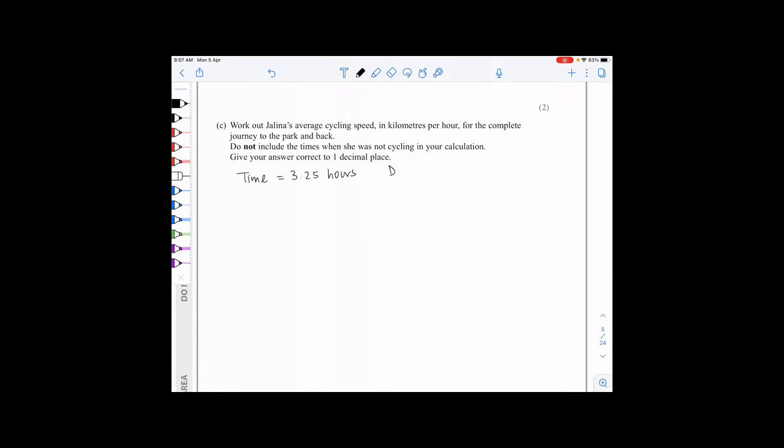And then the distance she covered was the 24 kilometers to go and the 24 kilometers to come back, which is 48 kilometers. So the speed is just the distance over the time. And we need to give answers to 1 decimal place, which turns out to be 14.8 kilometers per hour.